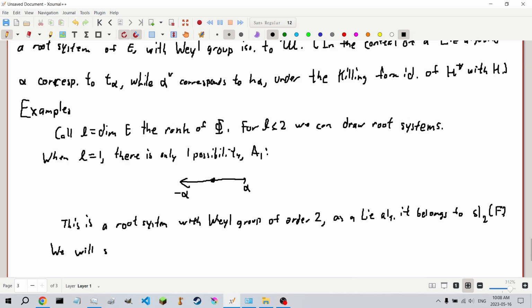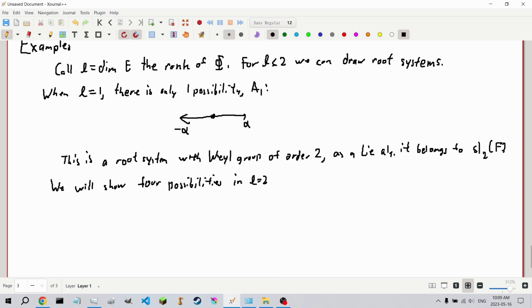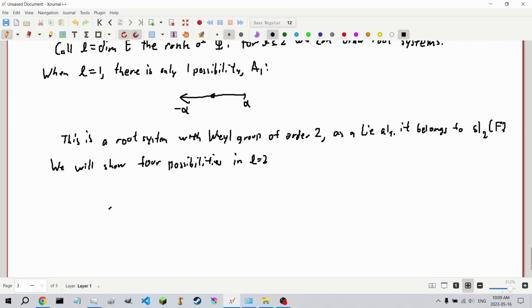We will now show four possibilities in rank 2. I don't think they're all of them, but it's just a good image to have.